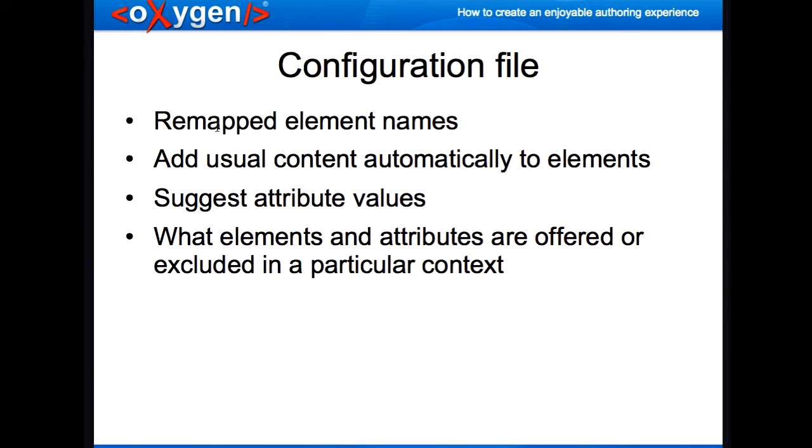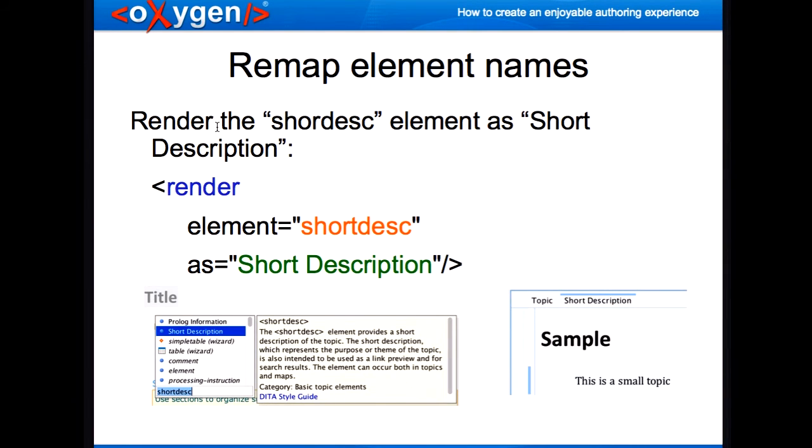So basically in the configuration file you have render element short desc as short description, and then in the content completion, in the breadcrumb, everywhere you will have this propagated.